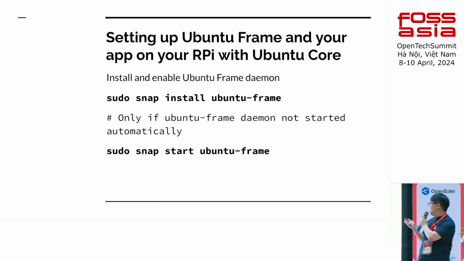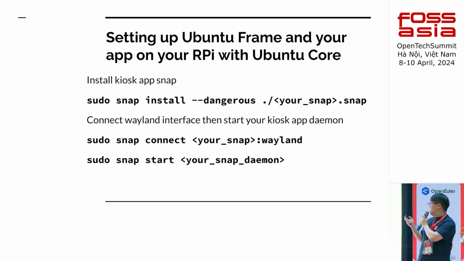Then you copy your Snap over with something like SCP, and then you can just install it. But you need the dangerous flag because you're installing a local package, so that it allows you to install your package from the file.